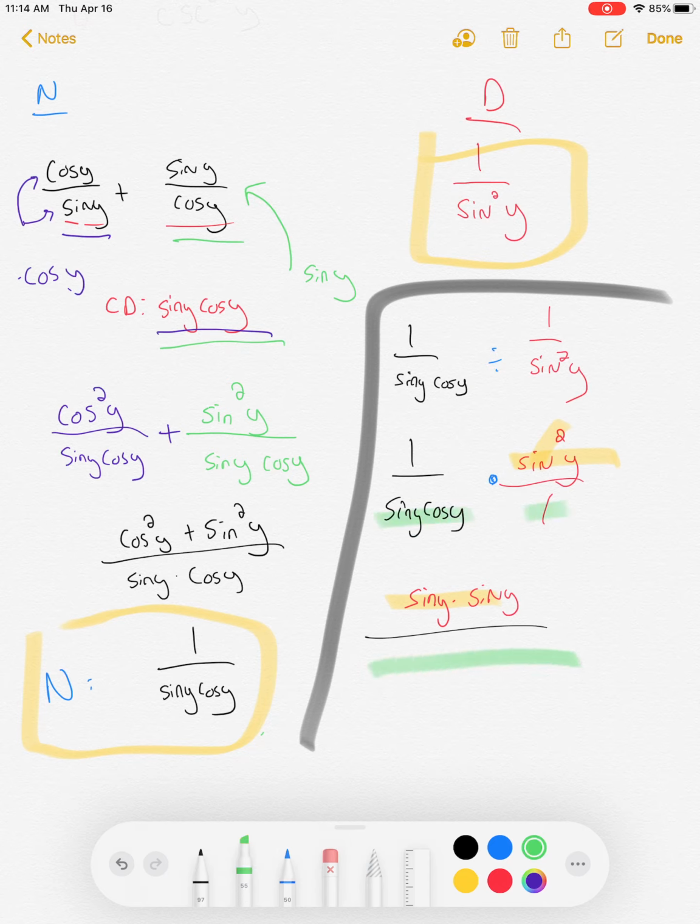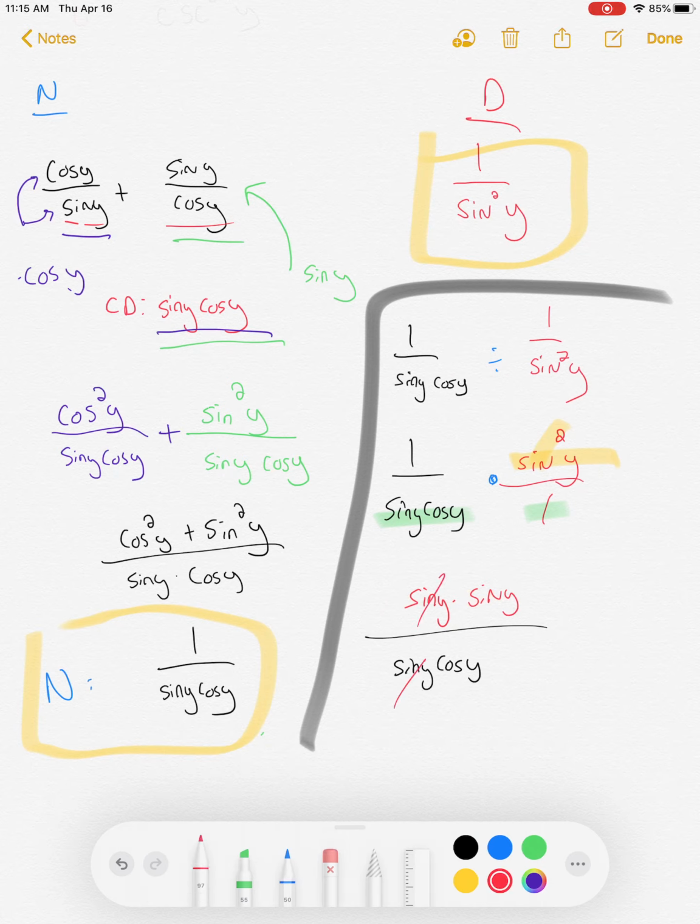The bottom, I'm going to do this times this. Essentially, I'm not really combining anything, though. It's just sine of y cosine of y times 1, but we don't write the times 1.